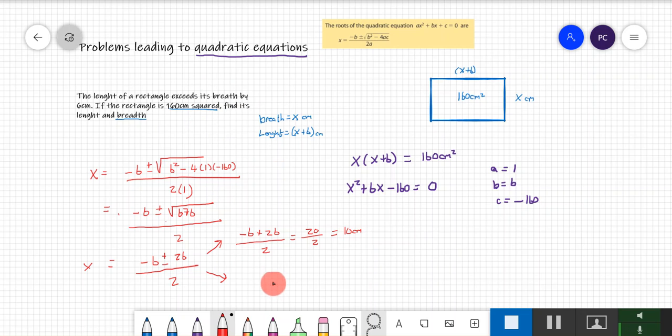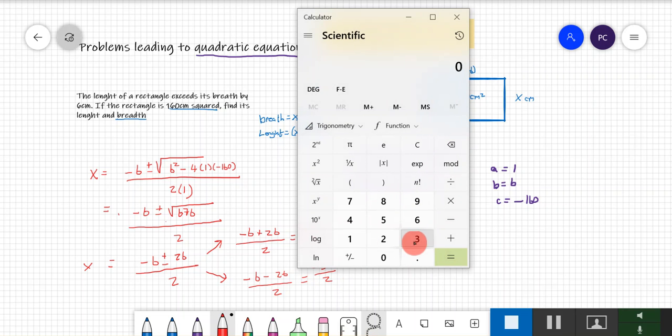And then this one here is going to be the negative value, so it's minus 6 minus 26 divided by 2. Minus 6 minus 26 gives us minus 32 divided by 2, which gives us minus 16.